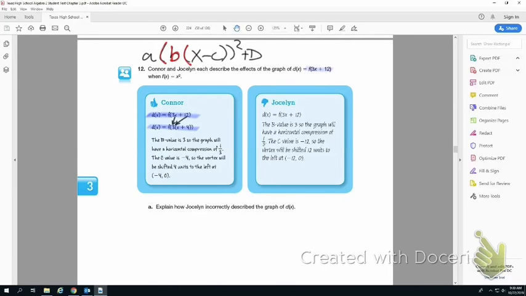They factor that out and get X plus 4. They say it is going to go 4 units to the left, as opposed to the other person, who says it is going to be 12 units to the left, which is incorrect. We won't see a whole lot of that, but you could possibly see it.